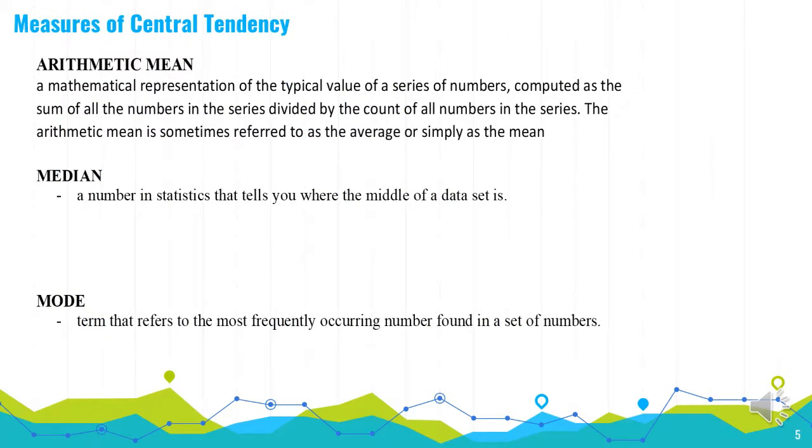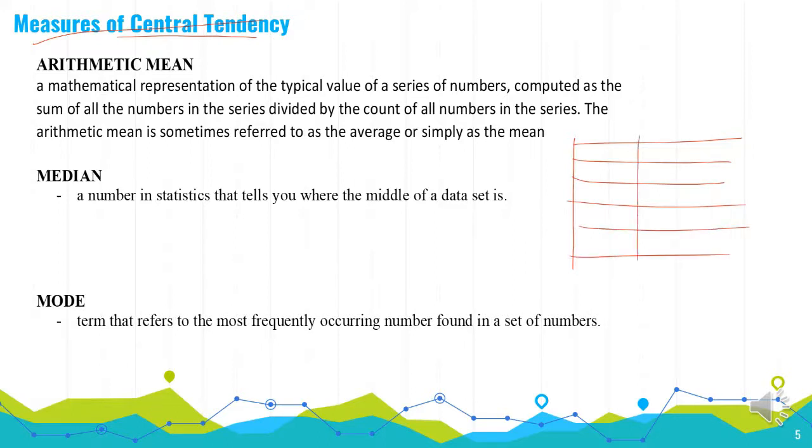So, moving on. We are going to discuss the measures of central tendency. If we go back to our previous lesson, we had a table, right? Here are our classes, here the tally, and here the frequency, and so on.